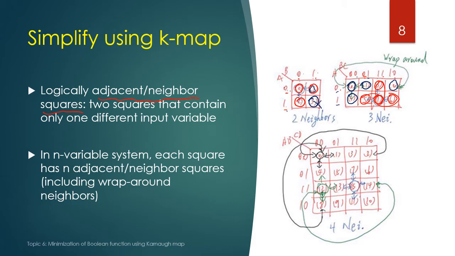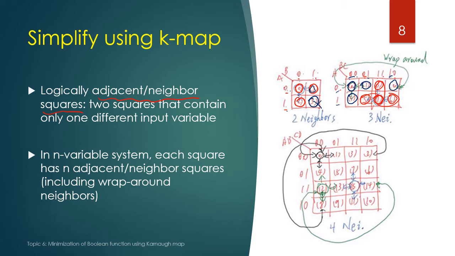Why? If we check the input combination, this is 0, 0, 0. For square 2, we got 0, 1, 0. So only this bit is different. So they are still counted as neighbors. And this is called wraparound. So that's the special thing about this, and this is very important.